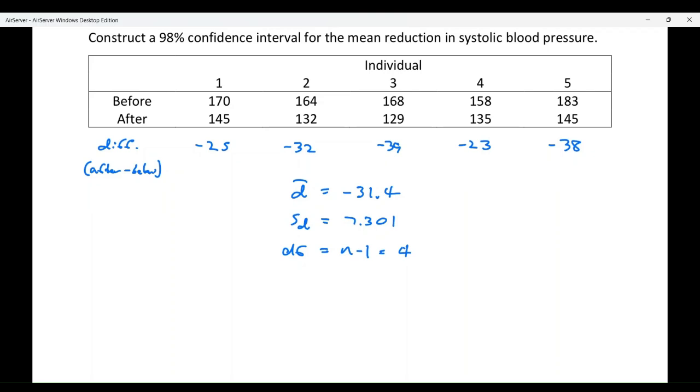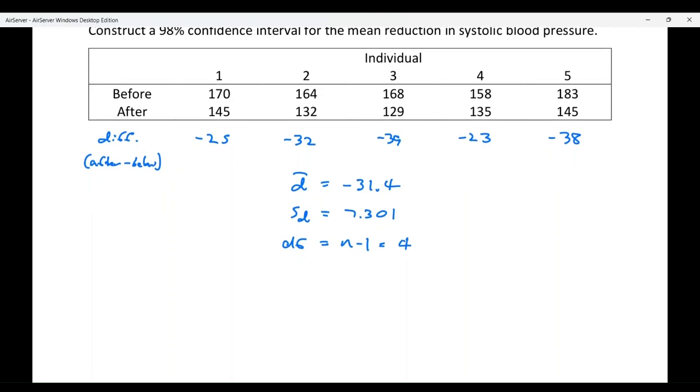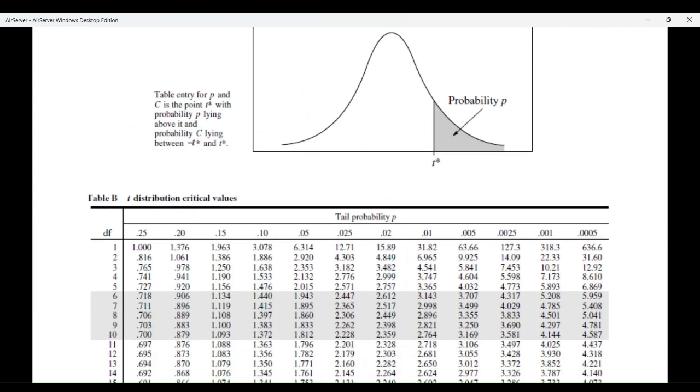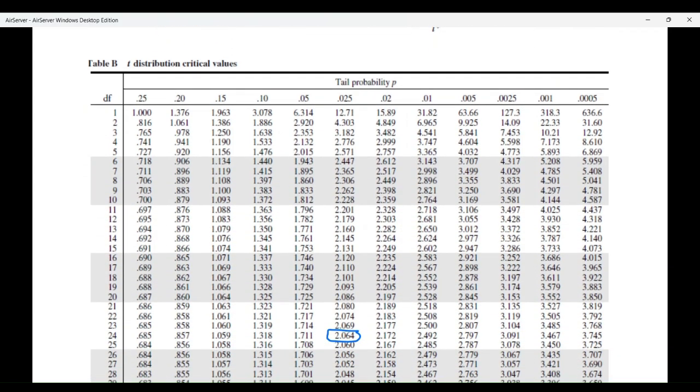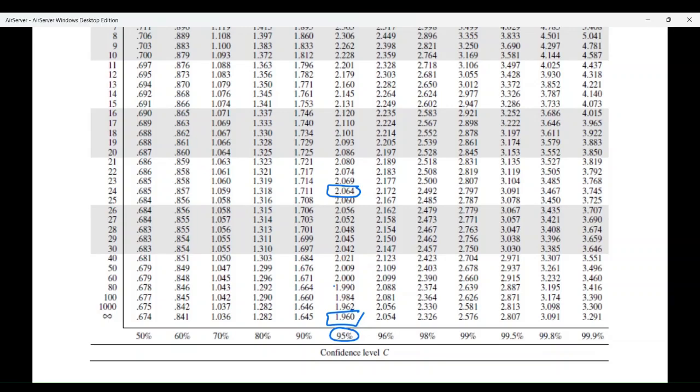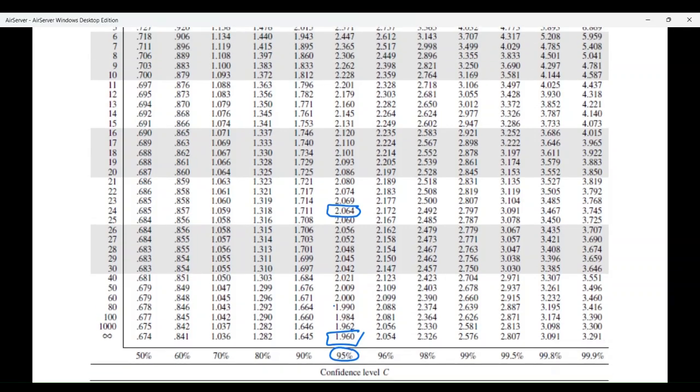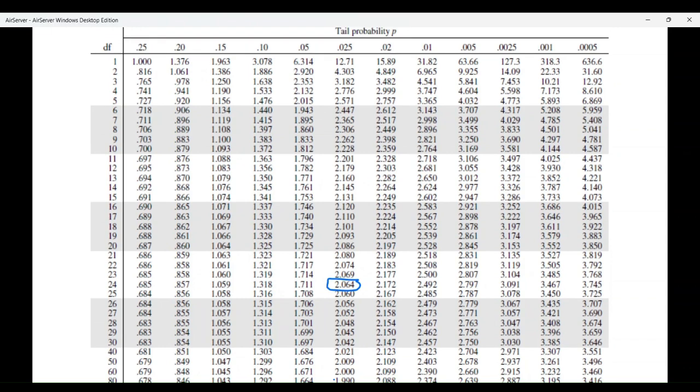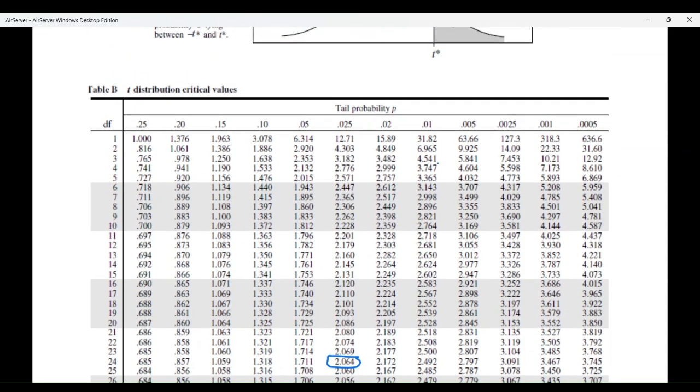So we've got the mean of our differences, negative 31.4, plus or minus. Now we're doing a 98% confidence level here with a df of 4. So if I go to that table and find a df of 4, 98% down at the bottom, it looks like this number right here, 3.747, is going to be our T star.